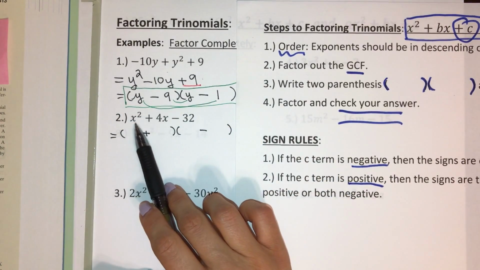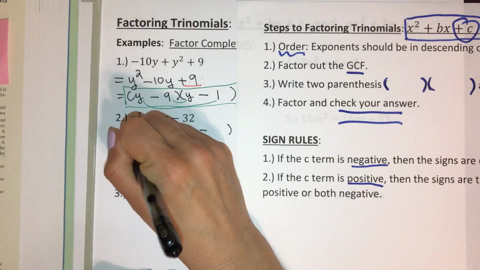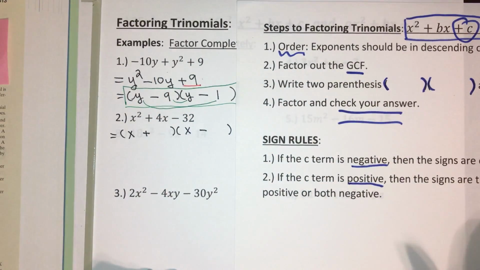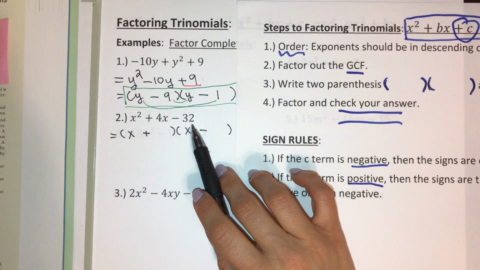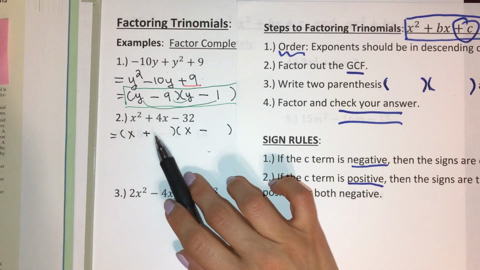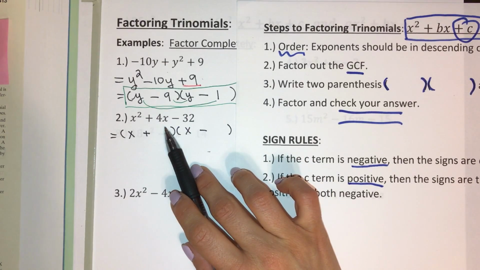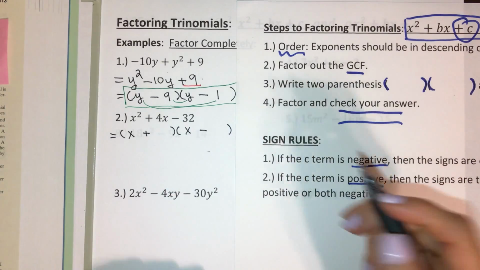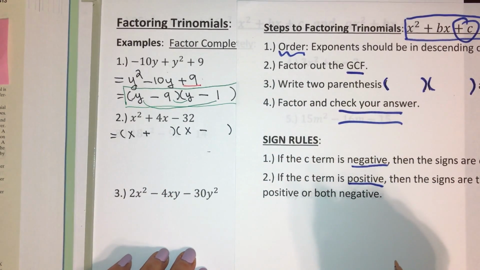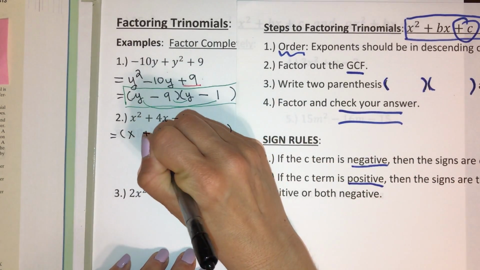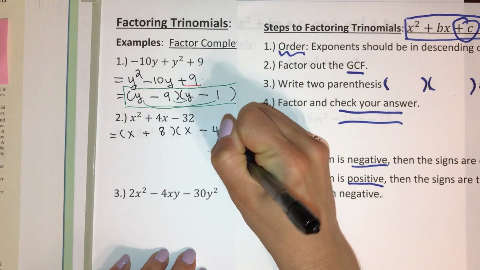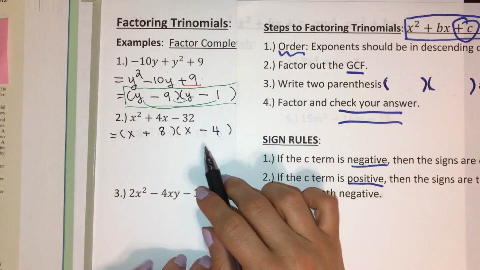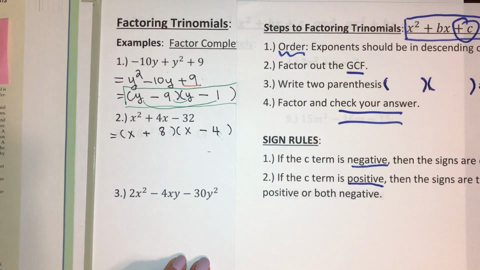Again, to get x squared, I need to have x times x, and then I need to look at factors of 32 that when we subtract, we get positive 4. The only factors of 32 that would work would be 8 and 4. 8 should be positive, 4 should be negative, because when you check your work, you have to get back to positive 4.